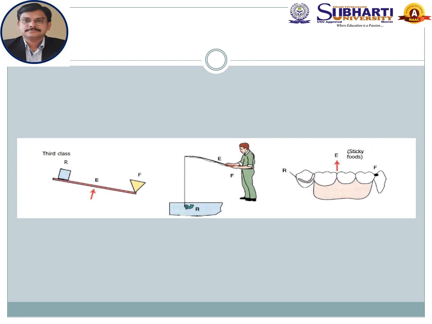So to repeat, if we have to design an RPD, first we have to find out where the fulcrum is, then how the lever is being activated, whether right now it is a class 1 or class 2.